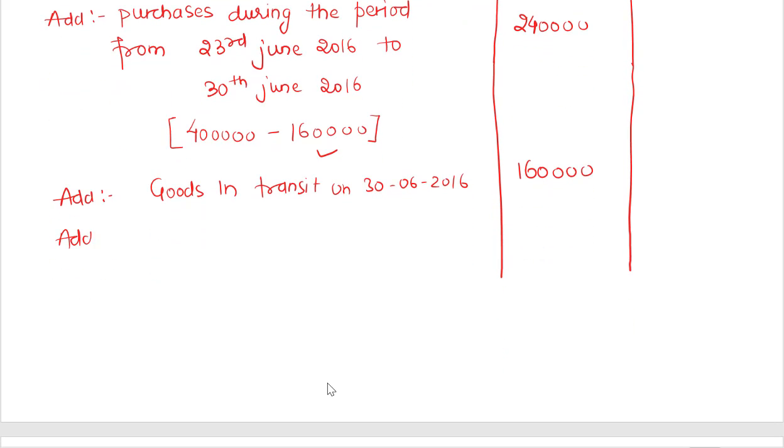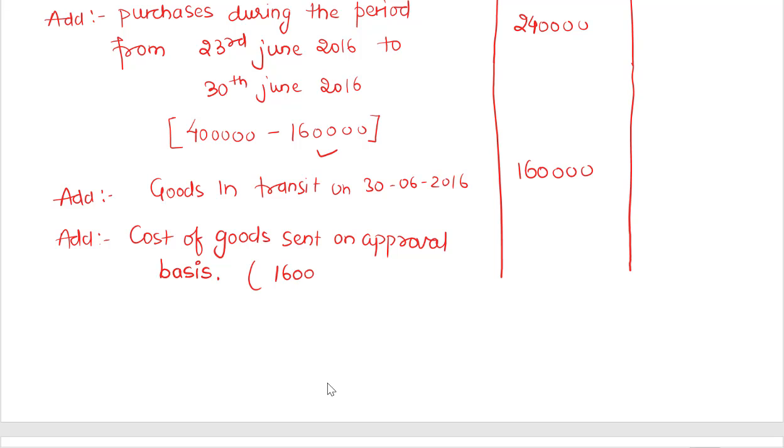Right over here, add cost of goods sent on approval basis: 1,60,000 multiplied by 80%.